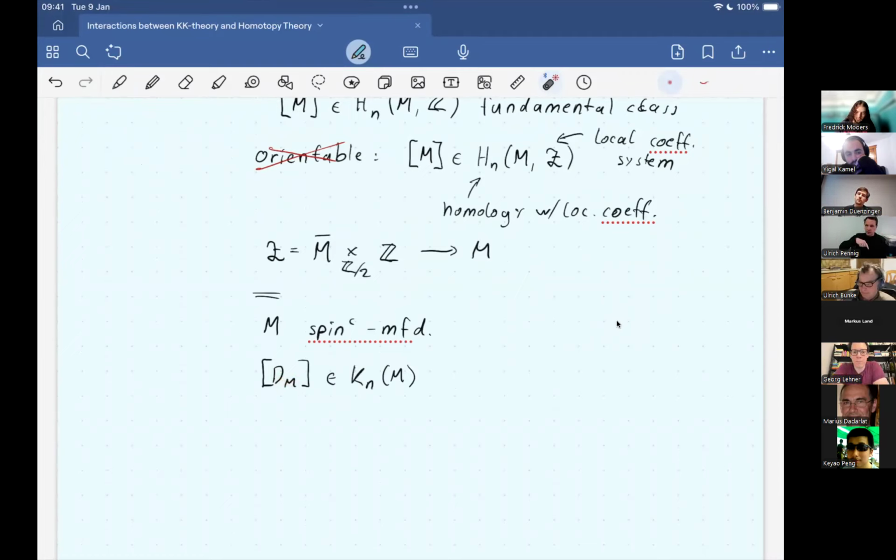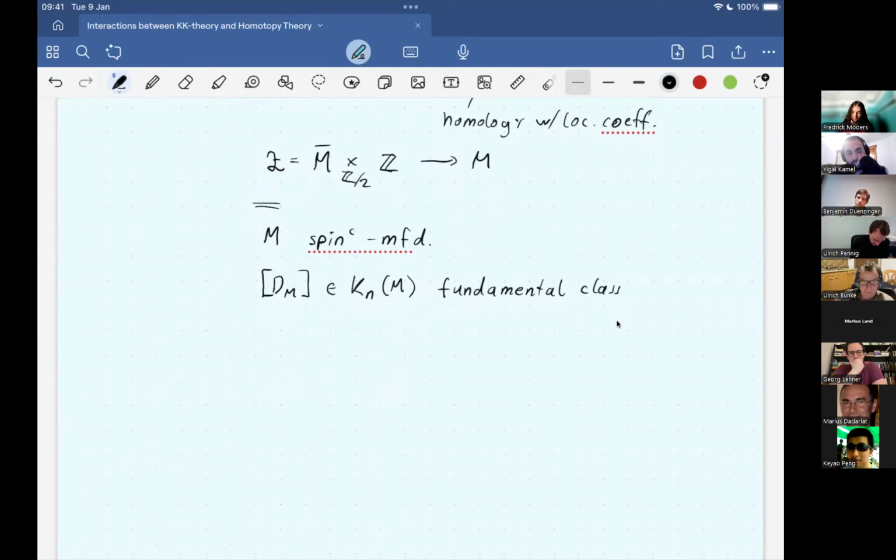And we've seen in the very first talk that this is an elliptic differential operator on your manifold. And as such, it gives rise to a class in KK theory. And this plays the role of the fundamental class in K theory.